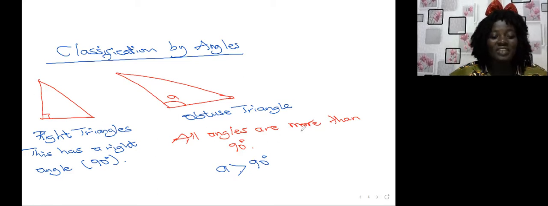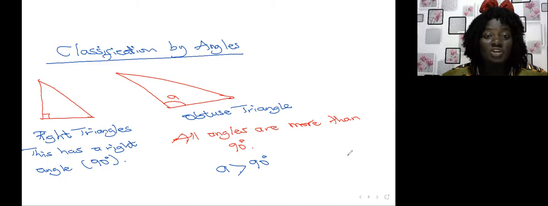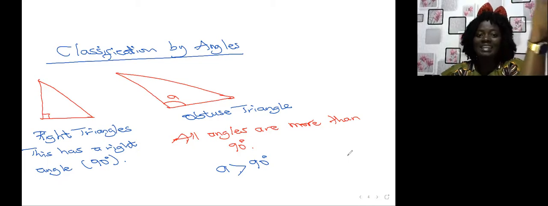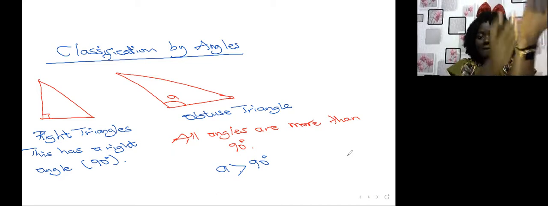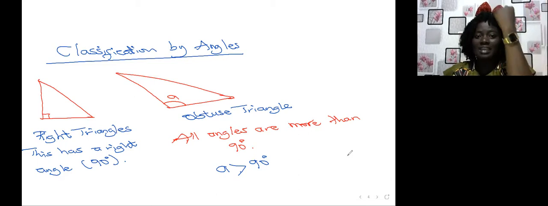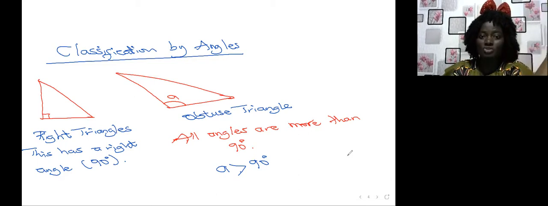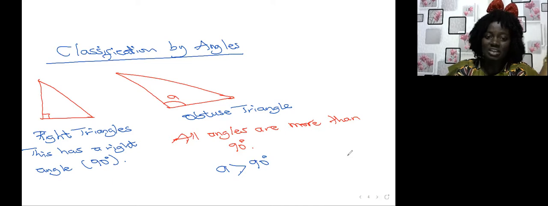The second one is an obtuse triangle. I believe you know the obtuse angle, that is more than 90 degrees.